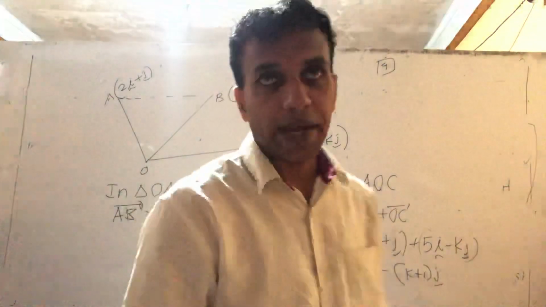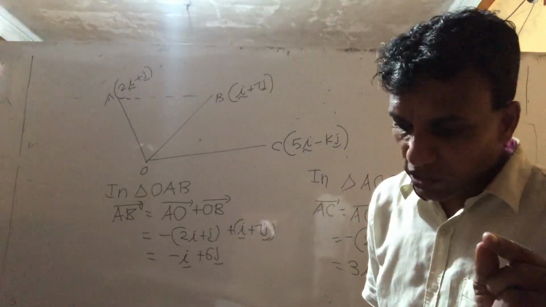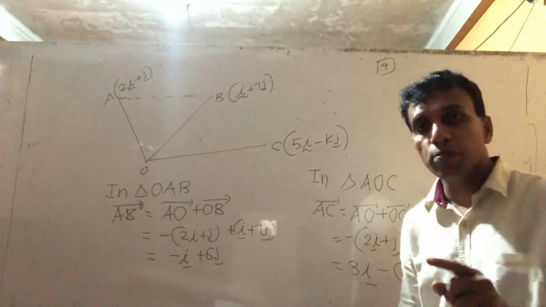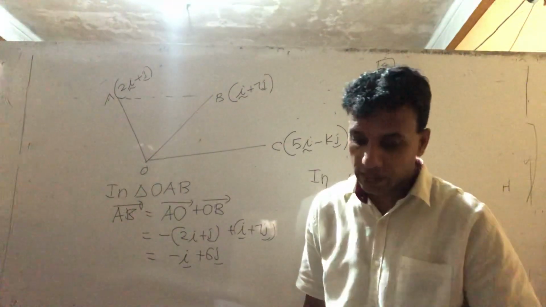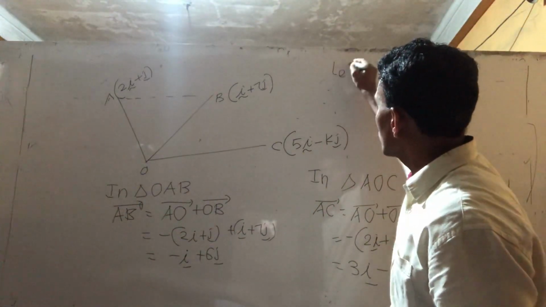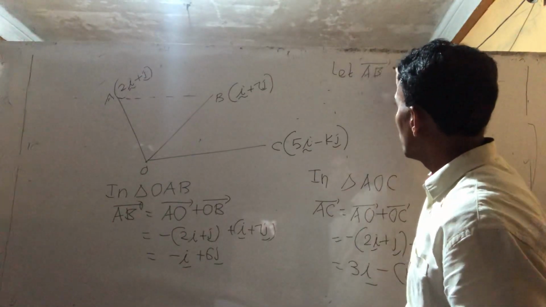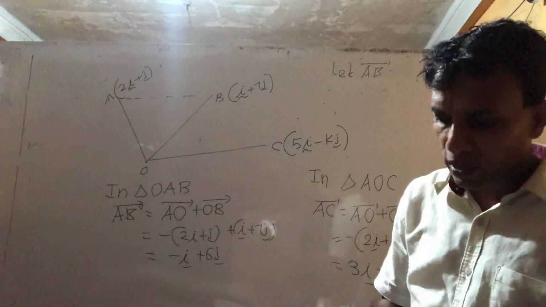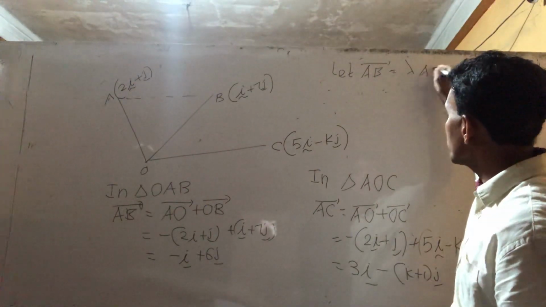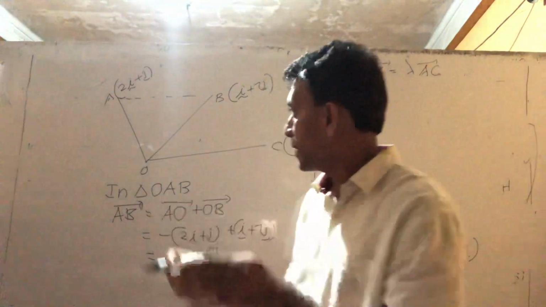Now you can write a sentence. They mentioned that if A, B and C are collinear, then we say let AB equal lambda times AC. The collinear idea, AB equal lambda times AC.